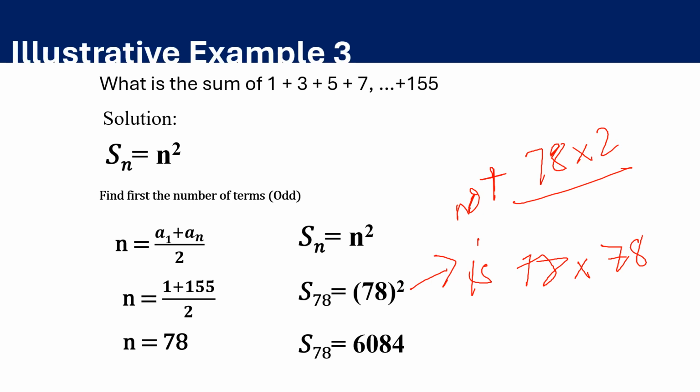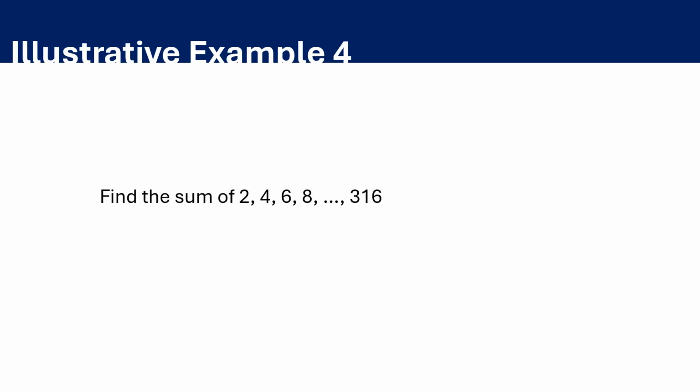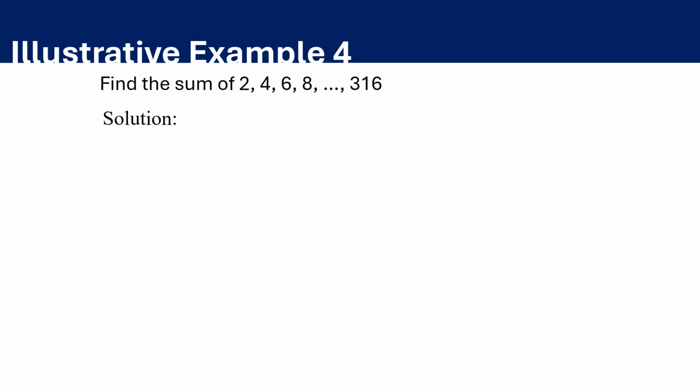And for even numbers naman, find the sum of 2, 4, 6 hanggang 316. Kung kaya mo at masipag kang i-add lahat ng numbers na yan hanggang 316, that's fine. Pero if you have a formula, why not use the formula, di ba? So S sub n is equal to n times n plus 1.